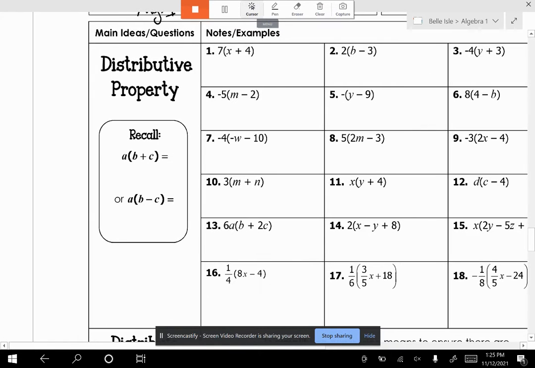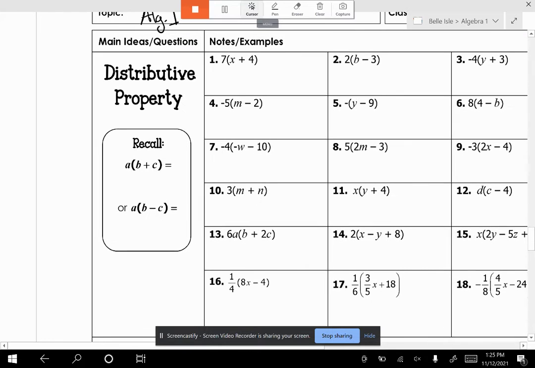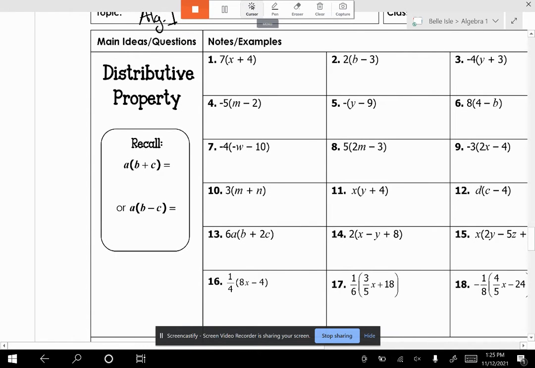I'm going to try and not treat you like middle schoolers, but write this down because I've asked this question probably 10 times now so far this year, and we still can't quite get everybody to answer. Okay, terms are separated by what? By operation.